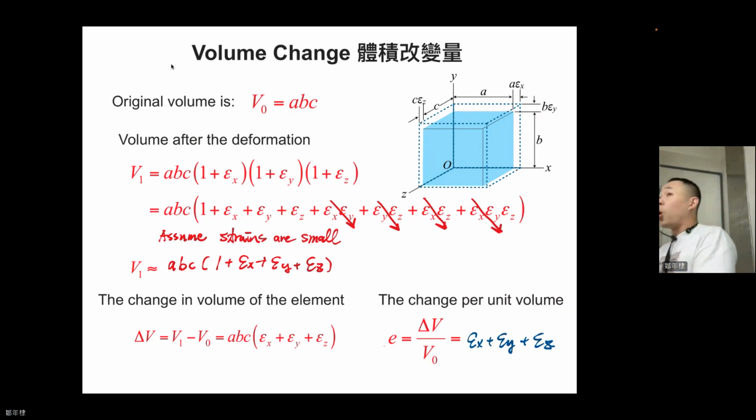So you only need to know epsilon x, y, and z, and you know the change per unit volume. 体积改变率，你只要把三个轴向的单位应变加起来，就是这一个元素的体积改变率哦，蛮酷的一件事情。Okay, I guess that's it.